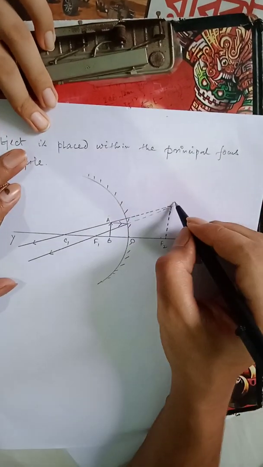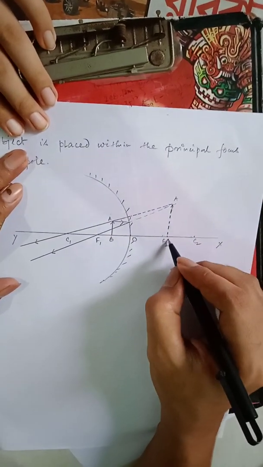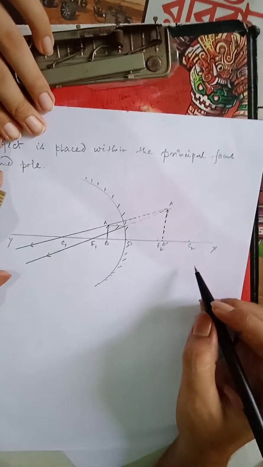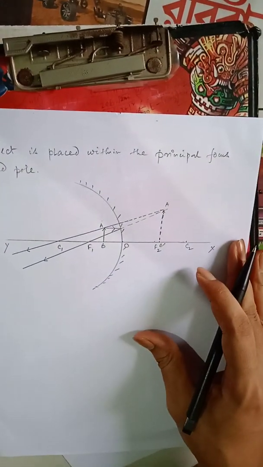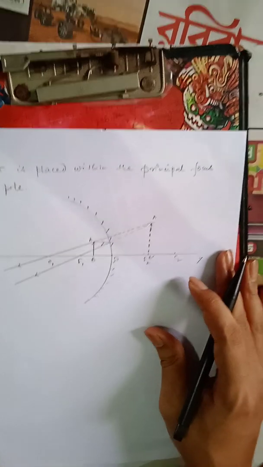So this is A dash B dash, and the interesting fact is that up till now we obtained the image.